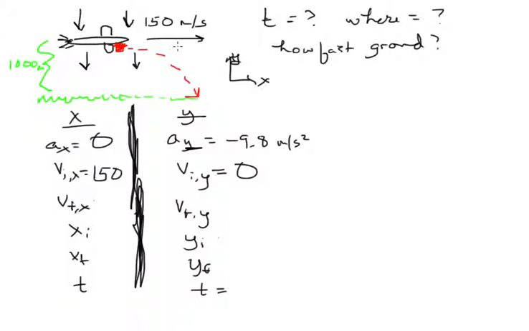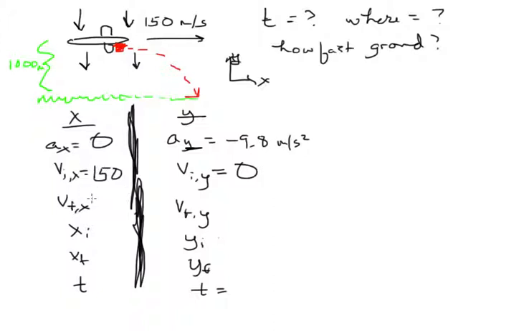Or they would have to ask you to figure it out. Like, they would have to say, oh, your plane is accelerating, let's say 5 meters per second squared to the right or to the left. They would have to tell you that. So if they don't tell it to you, you assume it is 0. And notice here, gravity is accelerating down at negative 9.8. All right.